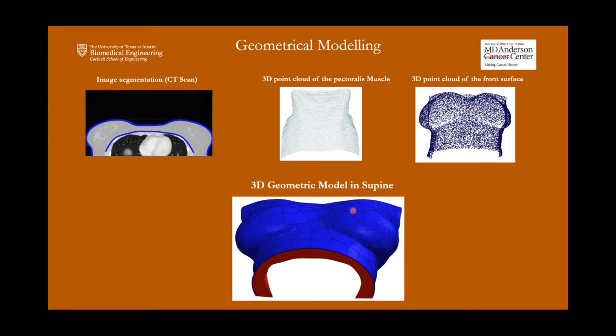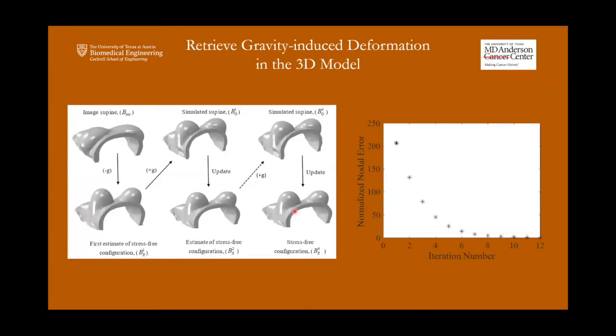Then using geometric modeling software, we can construct the 3D geometric model for the patient at MD Anderson Cancer Center. So now we have constructed a 3D model from the CT scan in this case. However, CT scans do not tell us anything about the distribution of the mechanical forces throughout the body due to the gravity loading for the patient, for example, in supine position. And this is needed for the accuracy of the biomechanical model.